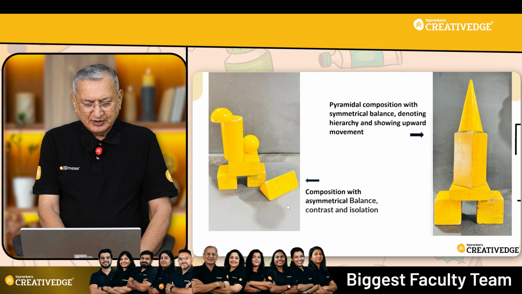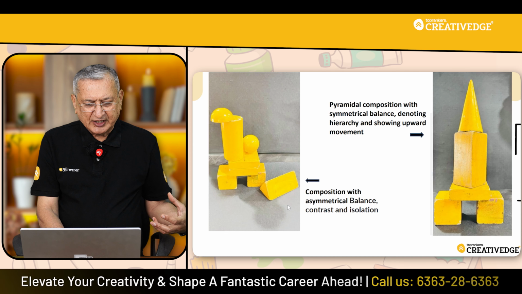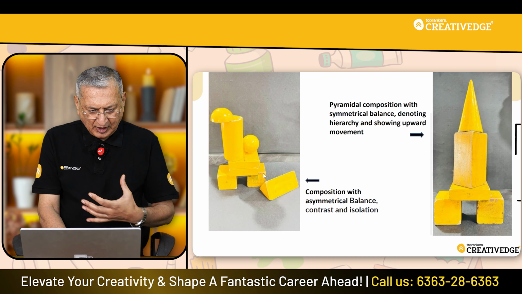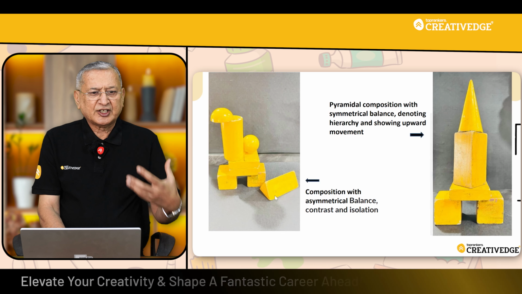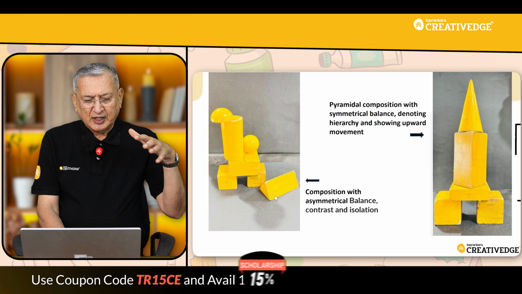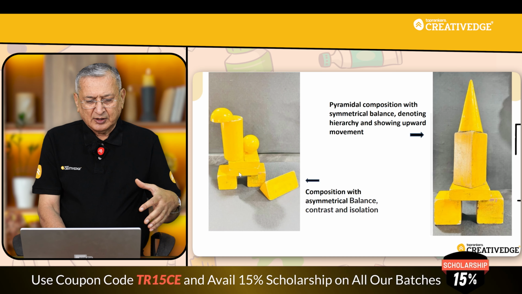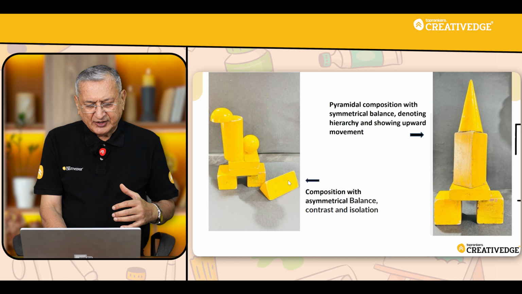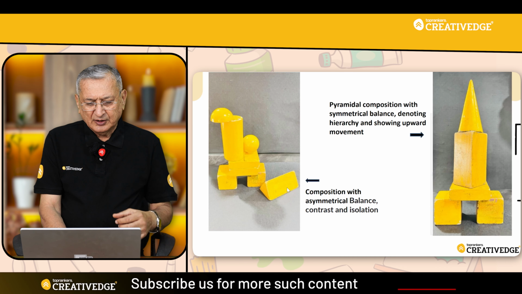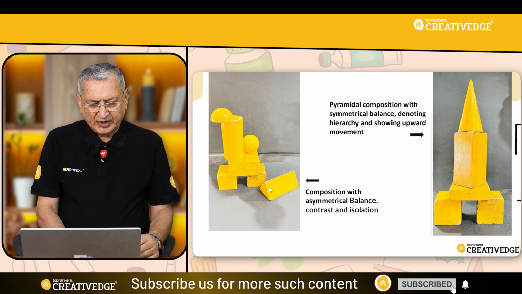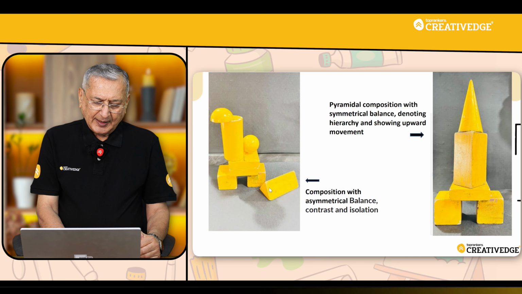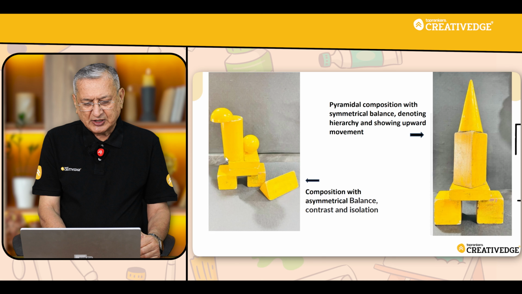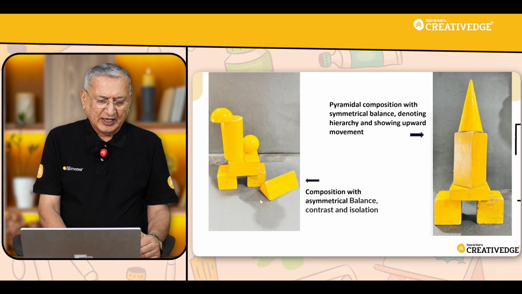What is the composition? If any one part is taken out, the whole composition is disturbed, or it does not remain an arrangement. So here we see that this bar prism is in isolation. It is kept aside, although it is a part of the composition, and the whole composition is asymmetrically balanced.